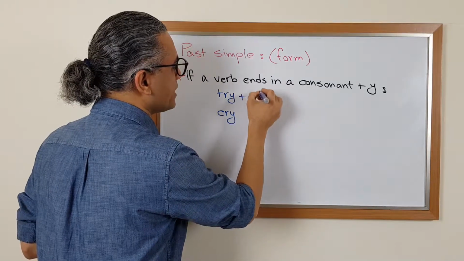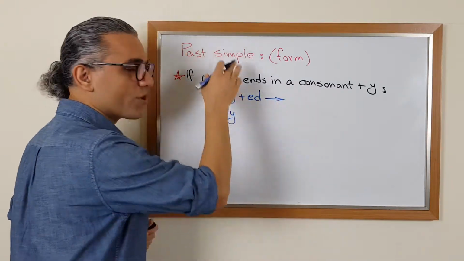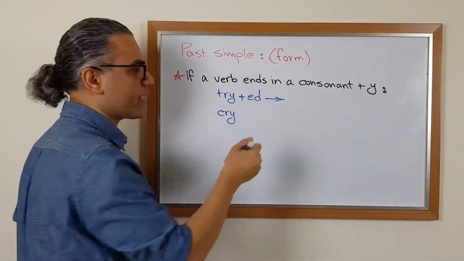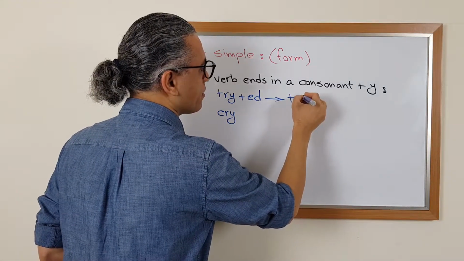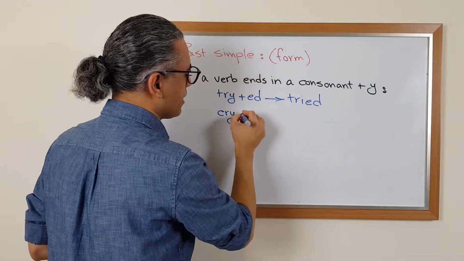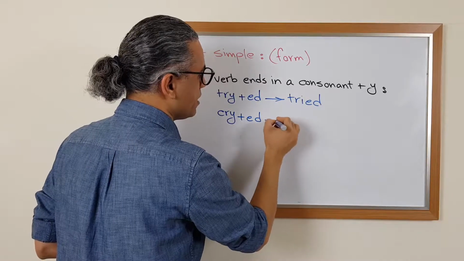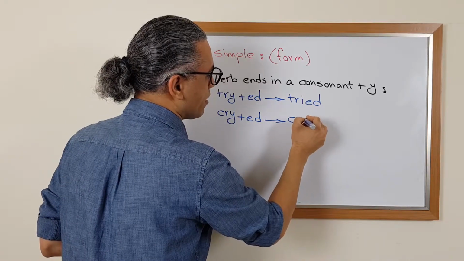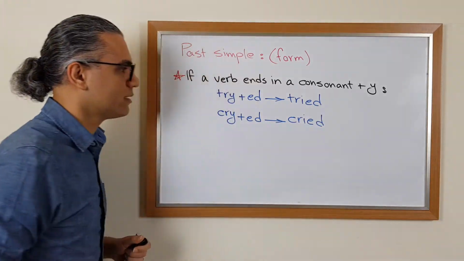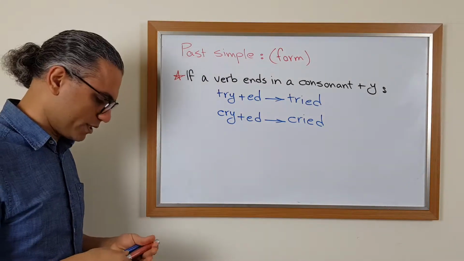When you add ed to these verbs, you remove y and add i instead. Like this. And cry plus ed, C-R-I-E-D. Now, another point.